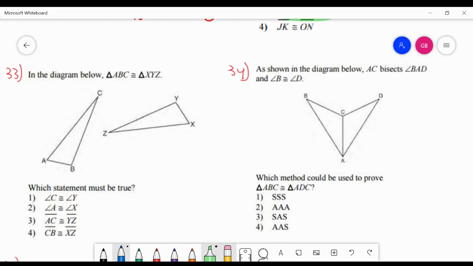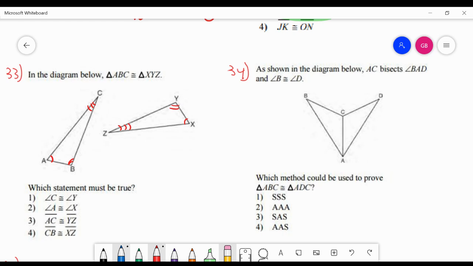In the diagram below, triangle ABC is congruent to triangle XYZ. So I'm gonna go ahead and mark it. A corresponds to X, B corresponds to Y, and C corresponds to Z. So which statement must be true? Is C congruent to Y?